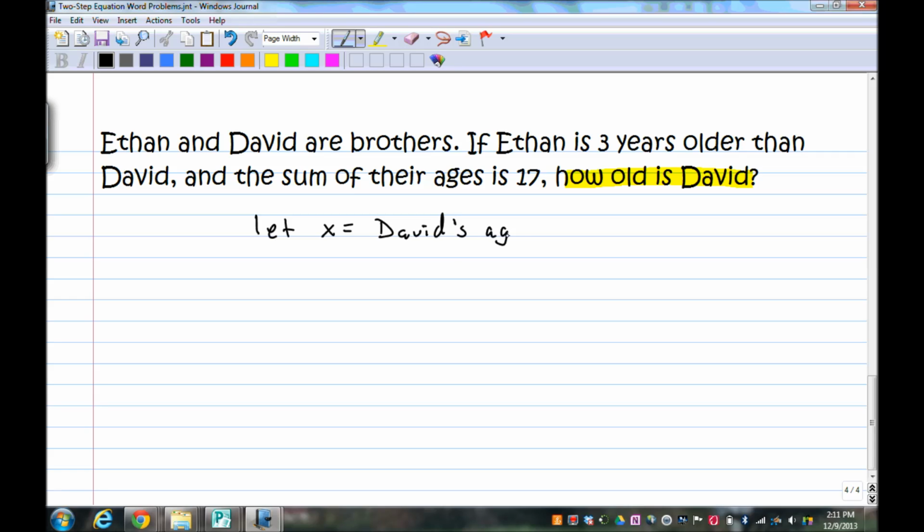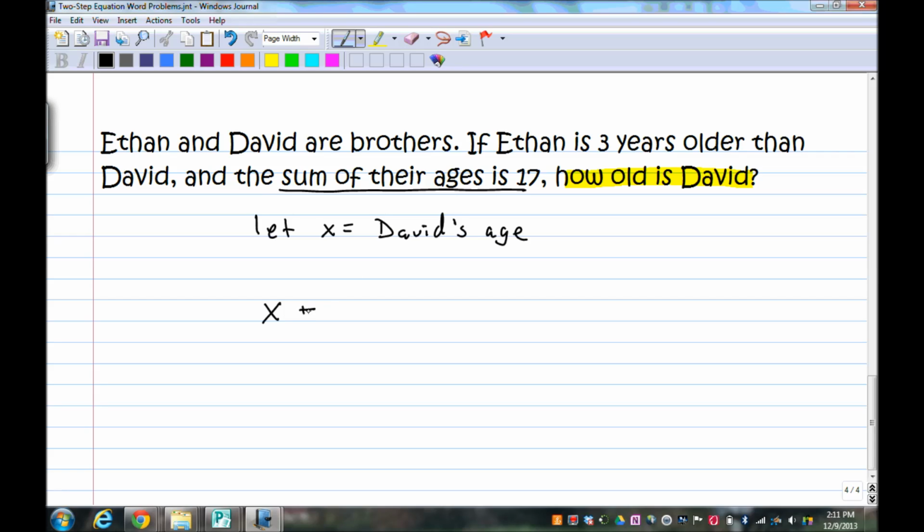Okay? And now, the thing that we don't know is we don't know how old David is. We also don't know how old Ethan is. But we know that Ethan is 3 years older than David. So that's the key. So if we say, all right, well, this is David's age. And then we said Ethan is 3 years older. So the sum of their ages is 17.